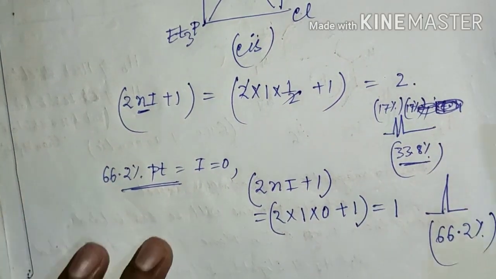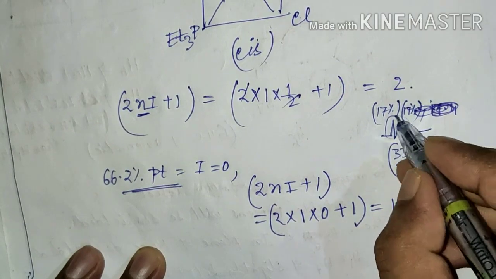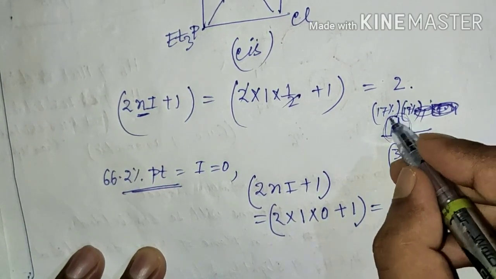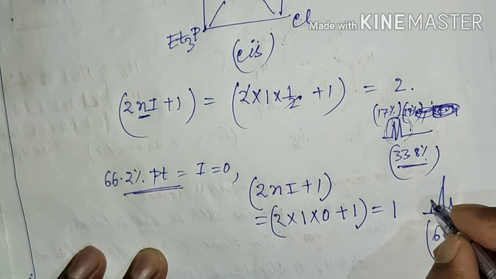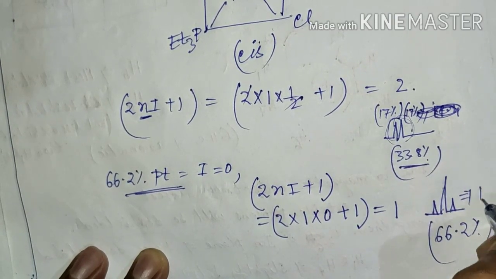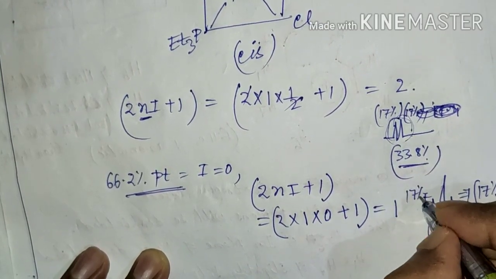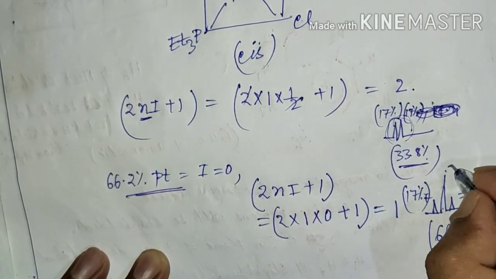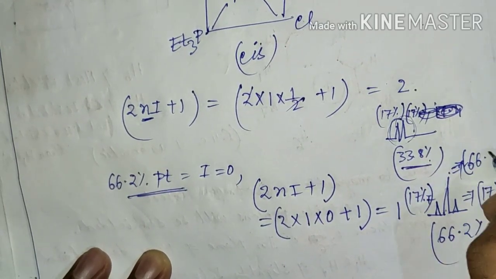That means this is the main peak, and it will be associated with this doublet peak, and these are satellite peaks. The intensity of each satellite peak will be 17%, and the main peak will be near about 66%.